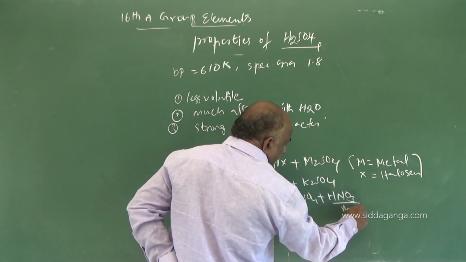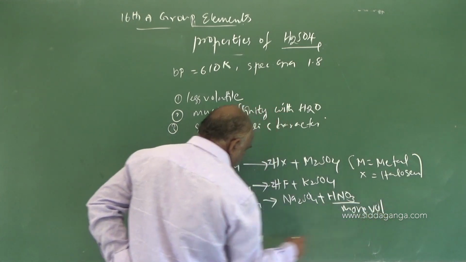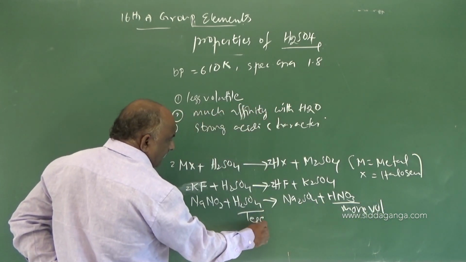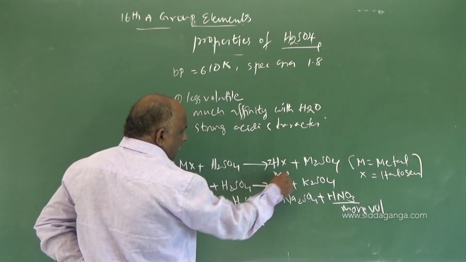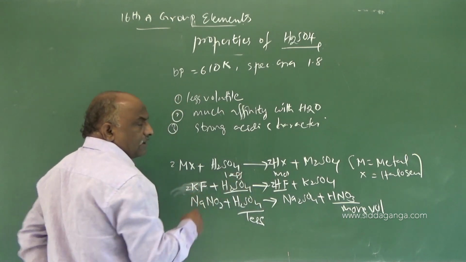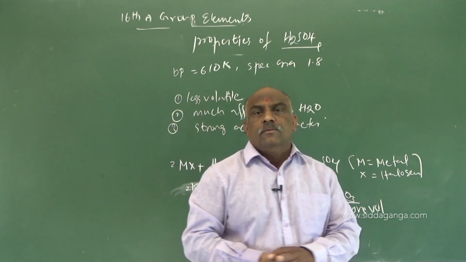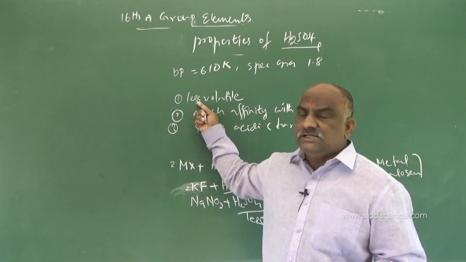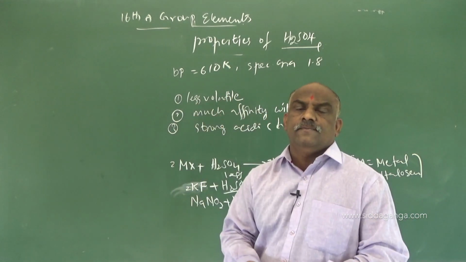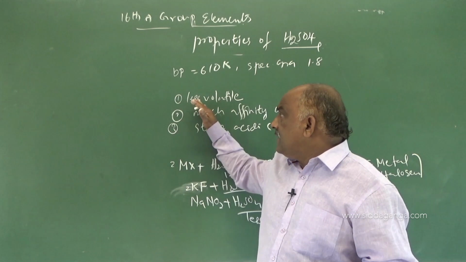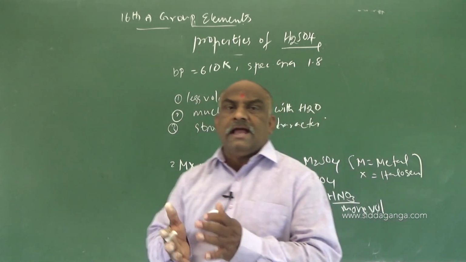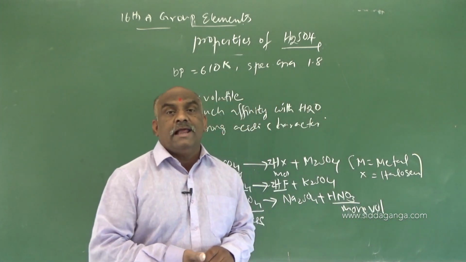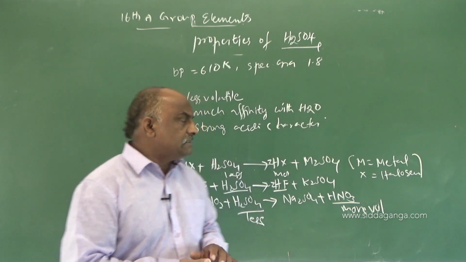HNO3 is more volatile; sulfuric acid is less volatile. HF is more volatile; sulfuric acid is less volatile. So, based on the low volatility of sulfuric acid, we can prepare more volatile acids. What are those more volatile acids?